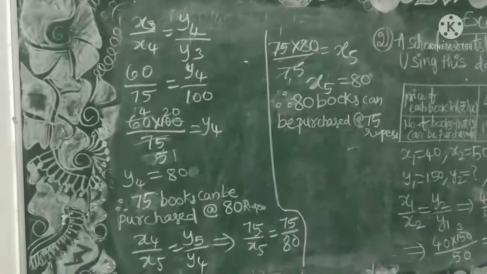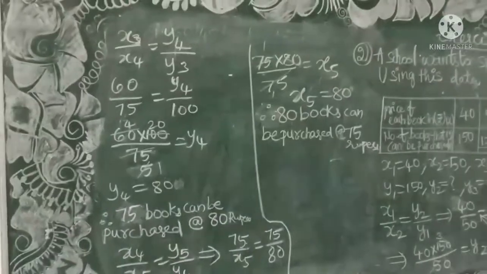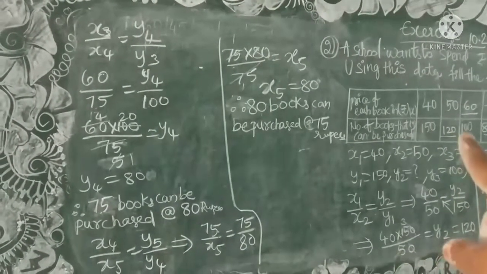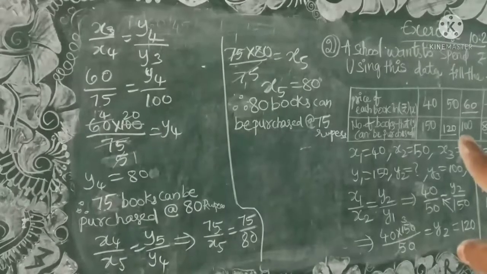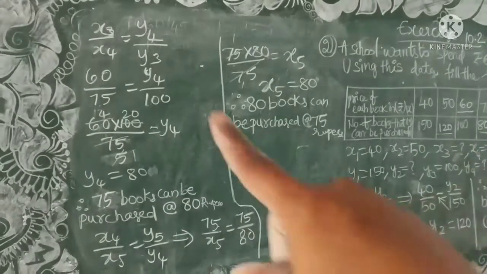Next, x3 by x4 is equal to y4 by y3. Here x3 is 60, x4 is 75, y4 we have to find, y3 is 100.